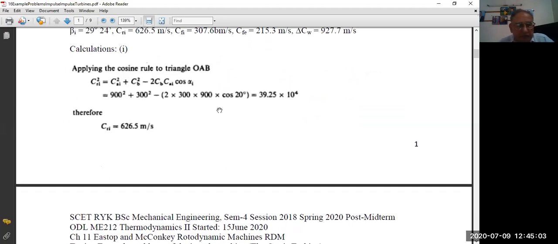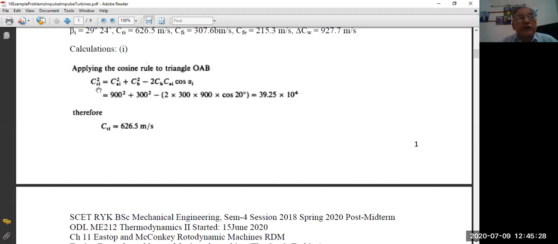For example, applying cosine law. Cosine law I have also given in the beginning of this chapter, in the revision of calculus, revision of algebra, and revision of geometry. There it was given, the cosine formula, which you can revise, and with the help of cosine formula we can calculate CRI.